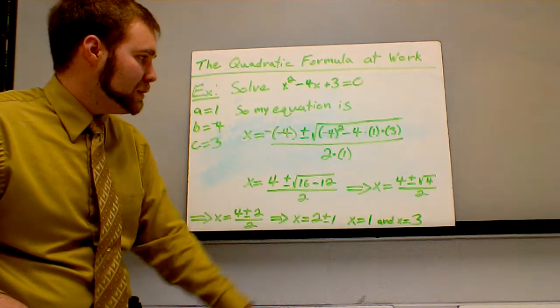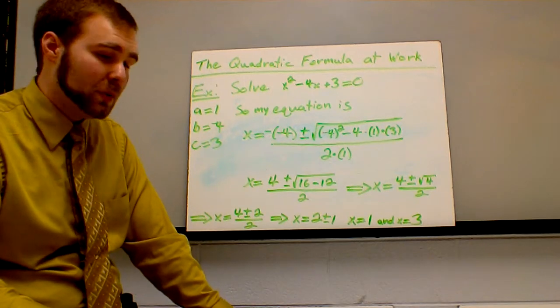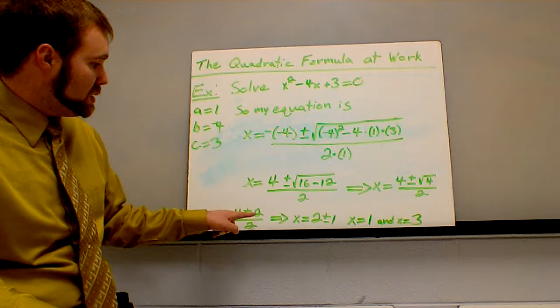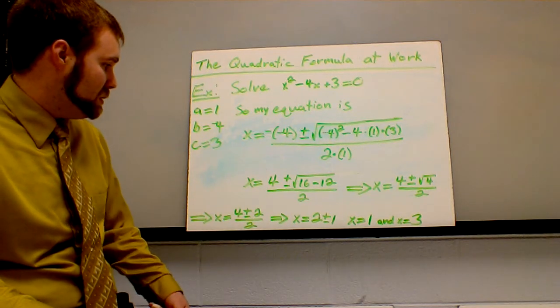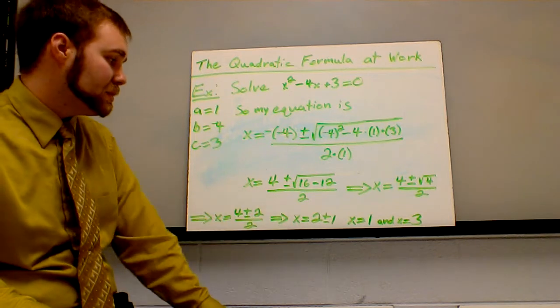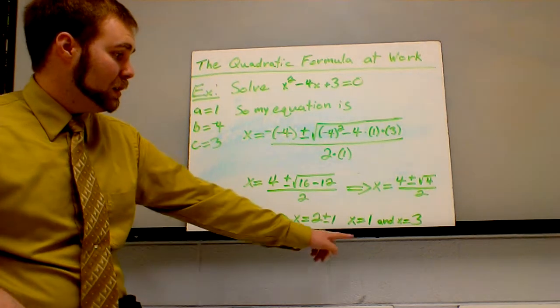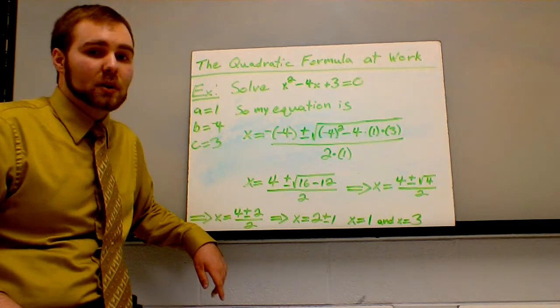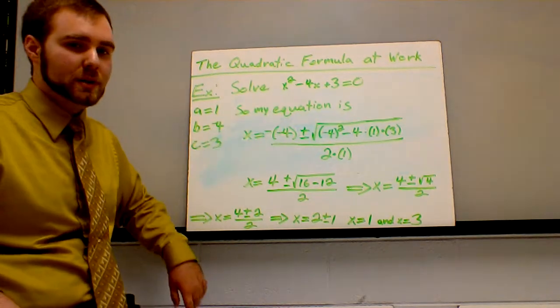I have x equals 4 plus or minus the square root of 4 all over 2. And then down here, square root of 4 is 2. Work my way down, dividing 2 into each of these. That gives me x equals 2 plus or minus 1, which means x equal to 3 and x equal to 1 are my solutions to this equation.